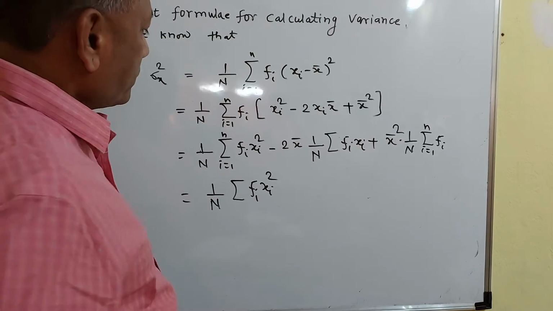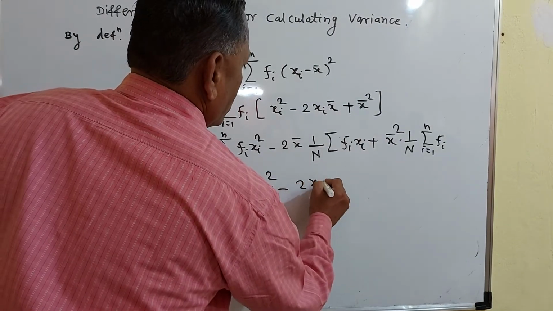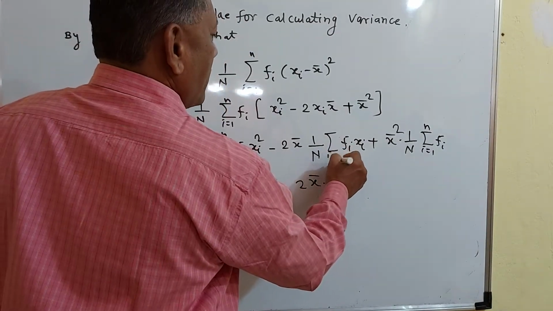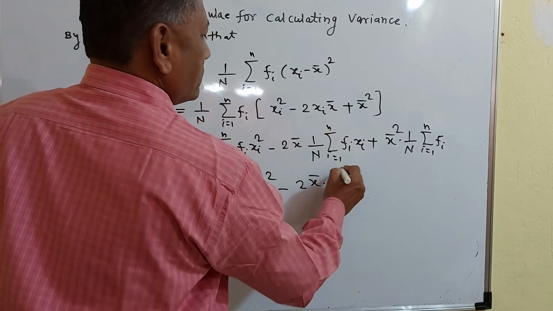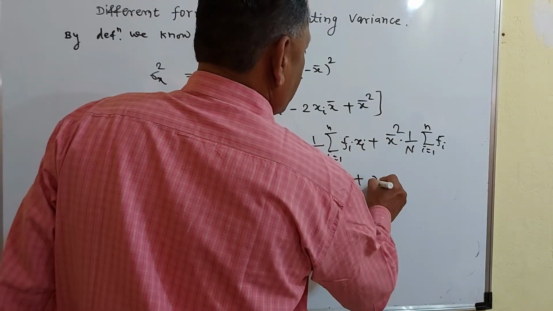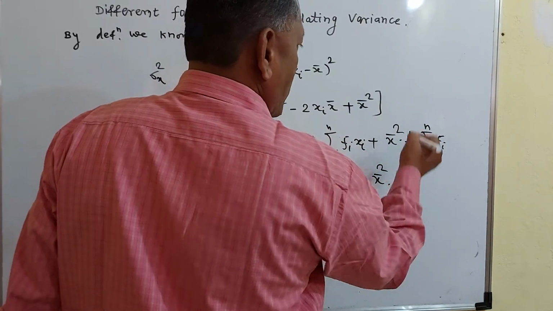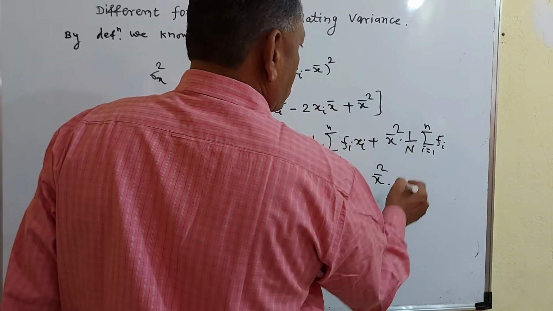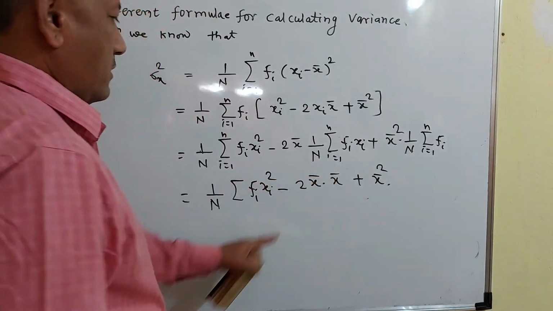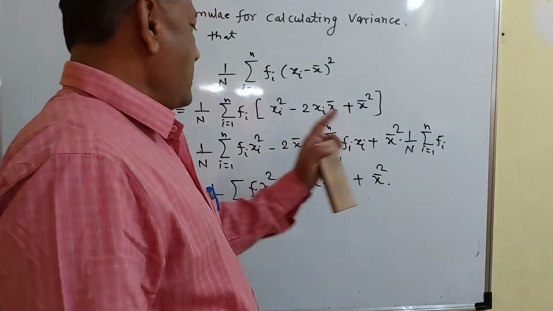So you remember this. So fi into xi square minus 2 into x bar and 1 upon n summation of fi xi, i going from 1 to n. This is x bar, the formula of arithmetic mean, plus x bar square and 1 upon n, this is N, 1 upon n into n means 1. X bar into x bar is x bar square, minus 2 x bar square plus x bar square means minus x bar square.